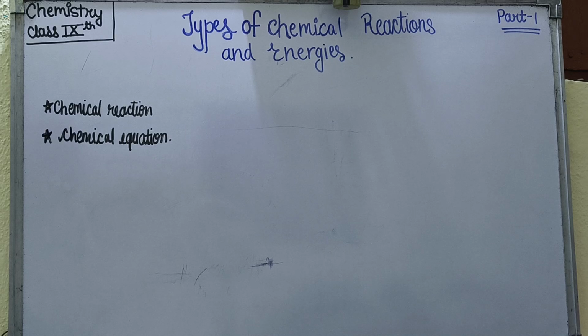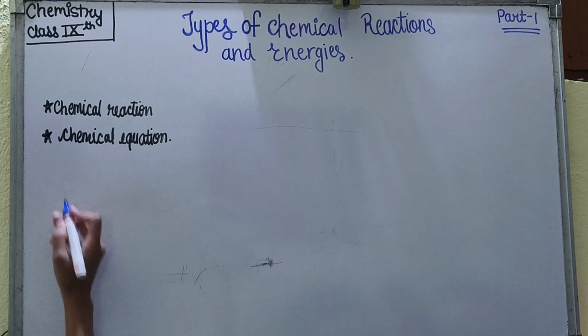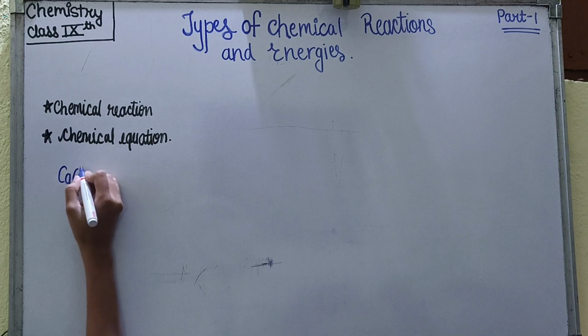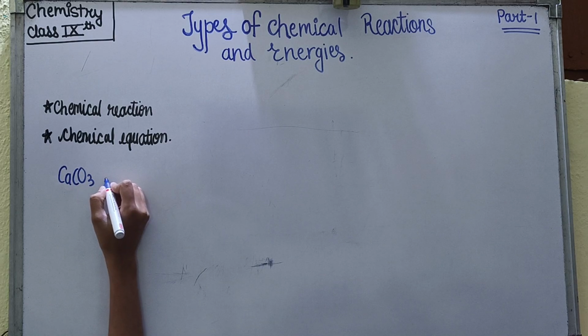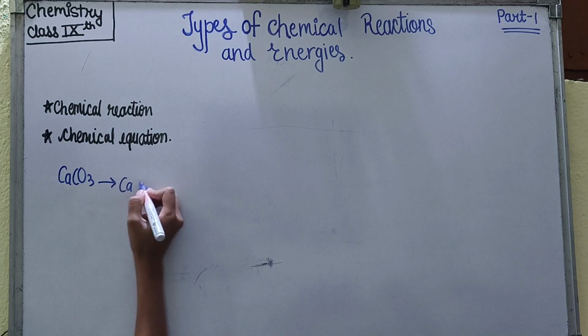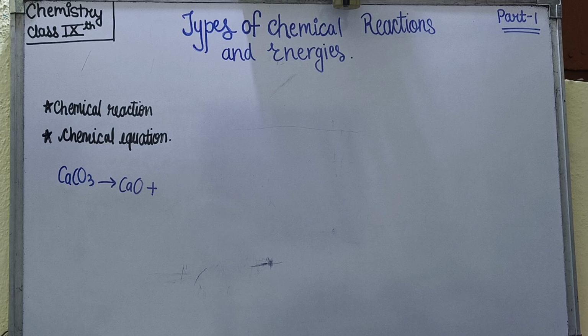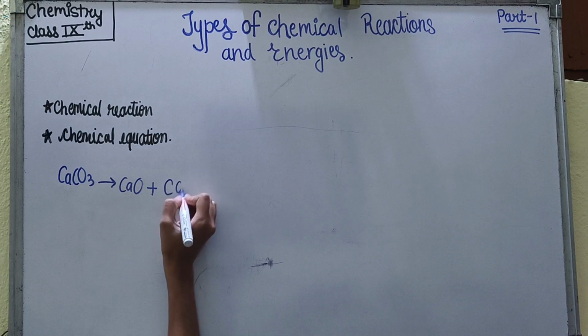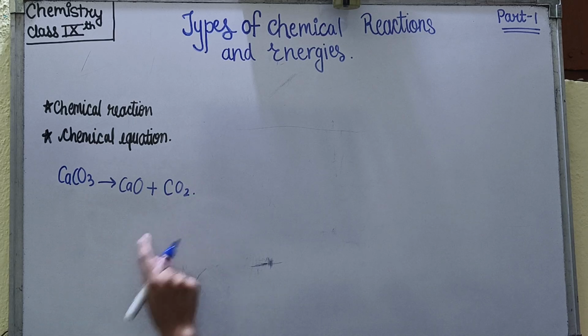Example: calcium carbonate decomposes and forms calcium oxide and carbon dioxide. Means CaCO3, calcium carbonate, decomposes and forms calcium oxide and carbon dioxide. This is the chemical equation.